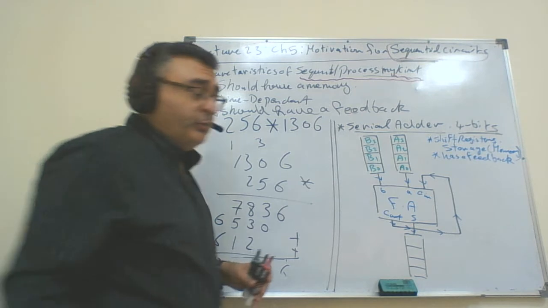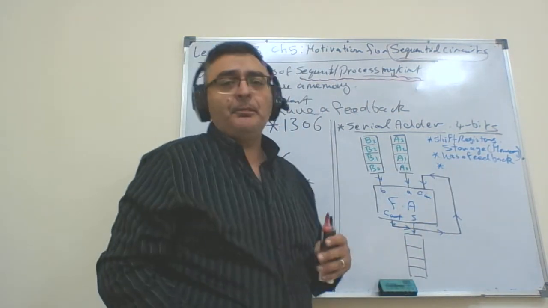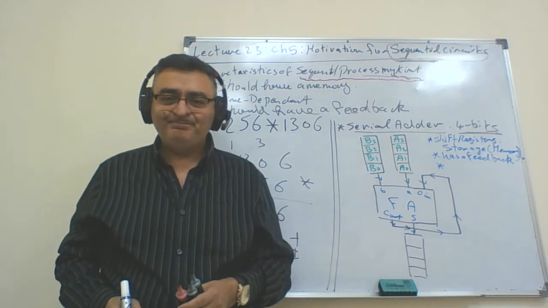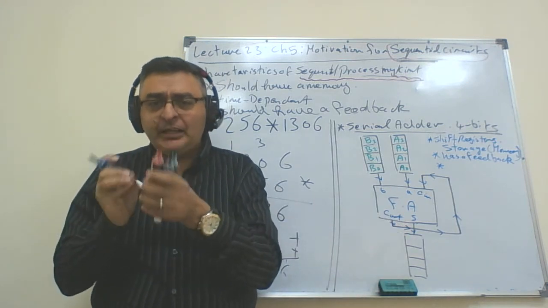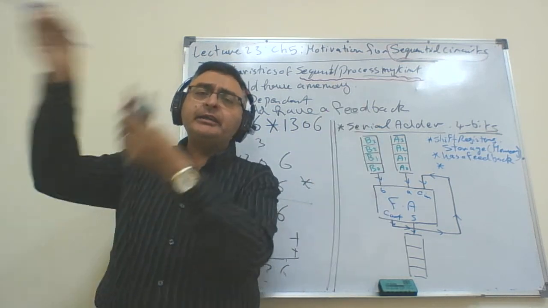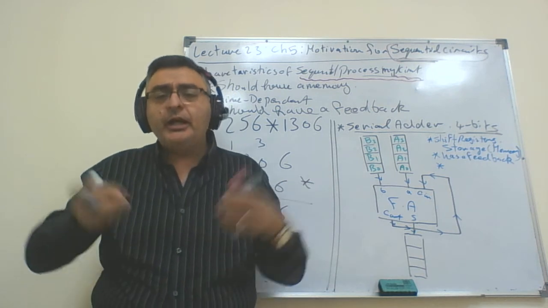The third thing we need to demonstrate is that the output of the system is dependent on time. And through the feedback, the output of the system at any given time is connected back to the input of the system to produce a new output.